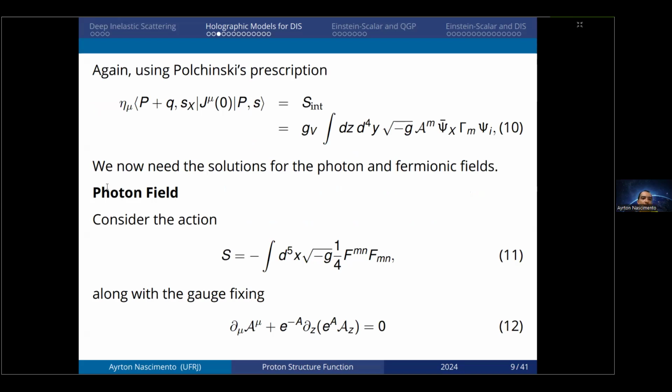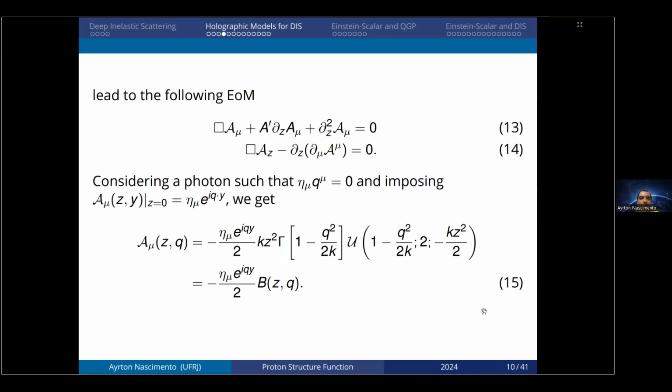So let's work out each one separately, okay? You have a photon field over here, given by an action for the photon field, and you have to work this out. Along with this gauge fixing, you can work out the equations of motion from this action, and you get these equations of motion 13 and 14, okay?